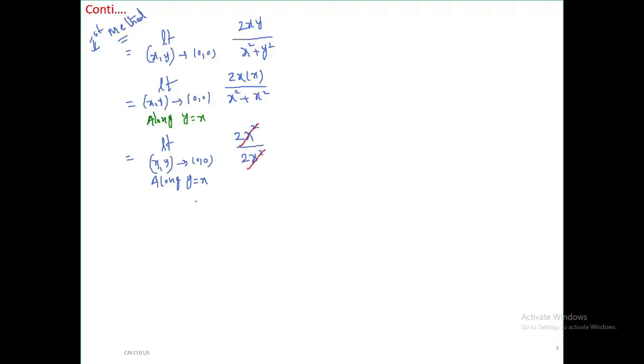So therefore the limit as x, y reaches the origin along y is equal to x is 1. Now what is the answer? The limit value has no x and y, therefore the answer is 1.